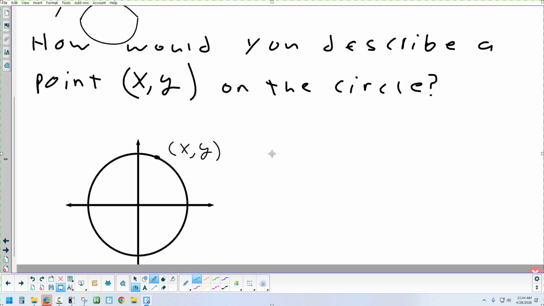As a function, you only have 1. Parametrically, it's 2. One equation is for x, and the other equation is for y. So let's see if we can figure out how to find the x value of this point and the y value by making a triangle. This is the x, this is the y.